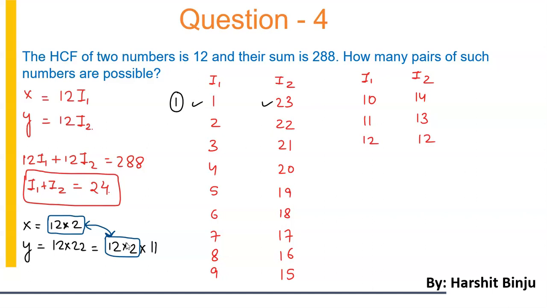In this case, if I take I1 as 2 and I2 as 22, I'm not getting 12 as their SCF, I'm getting 24. Understand this point. This point is very important. If you understand this point, then like 90% of the question is already done. If I take I1 to be 2 and I2 to be 22, then X will be 24 and Y will be 24 into 11.